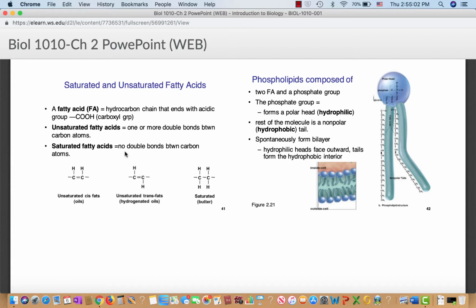And then saturated have no double bonds. The big deal with trans fats has to do with the type of bond here, which way it bends or is kinked, and you'll get into more of that with organic chemistry later on if you take that. Maybe in Gen Chem, I don't really remember off the top of my head.